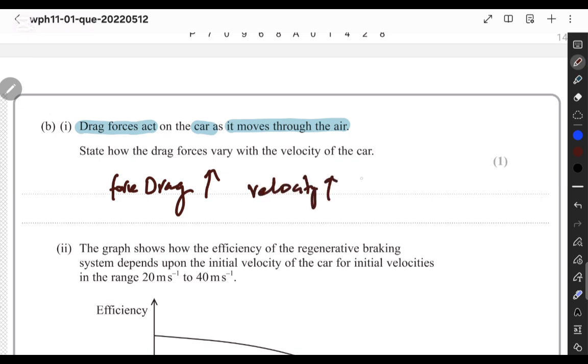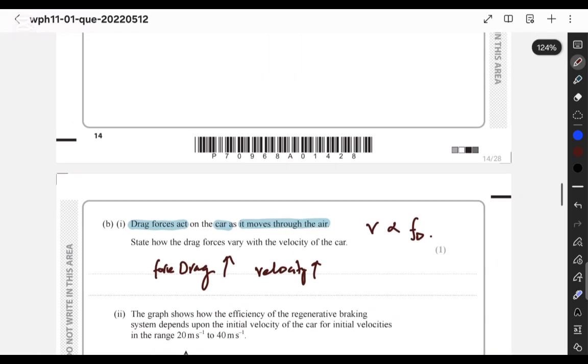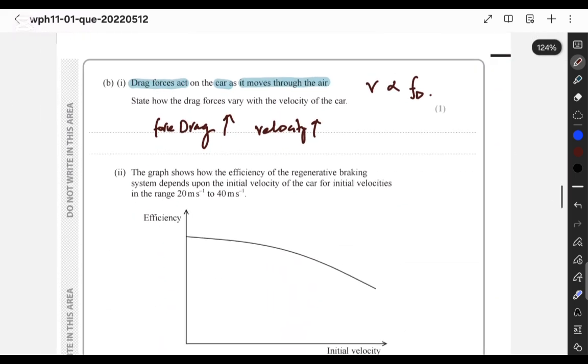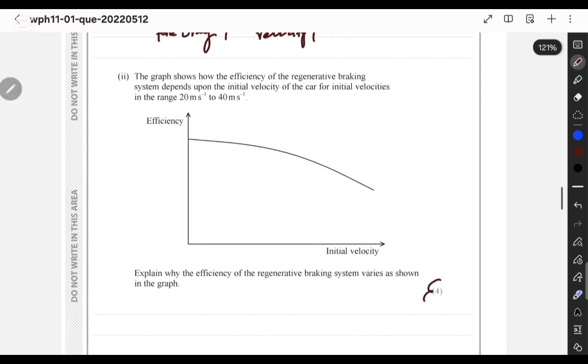So as velocity increases, drag force increases. You can say the velocity is directly proportional to the drag force. Okay, so that's all for this part, and the above two parts are very important because this is a question in context, and it's very important you understand the above two parts to answer this part.